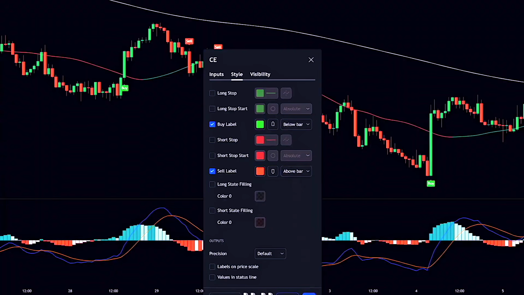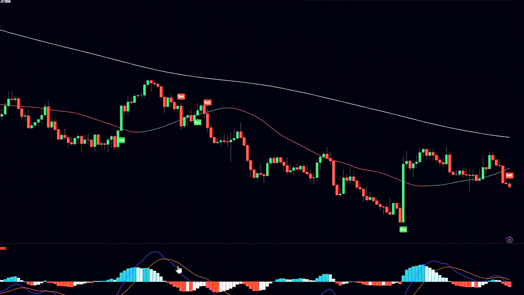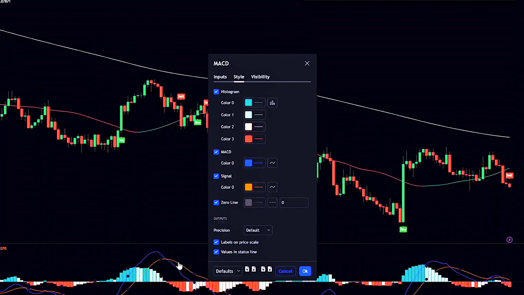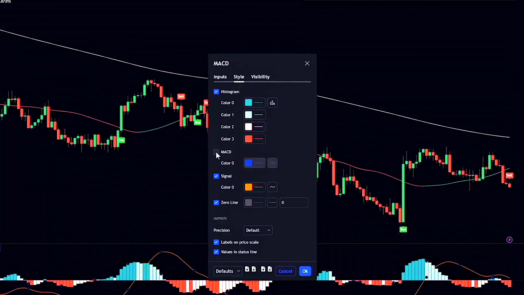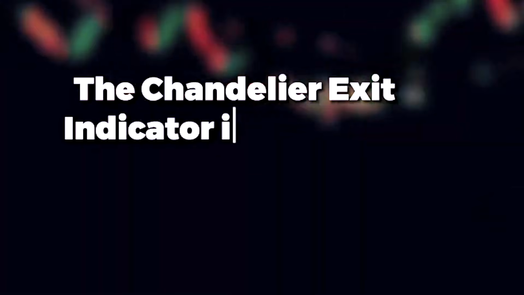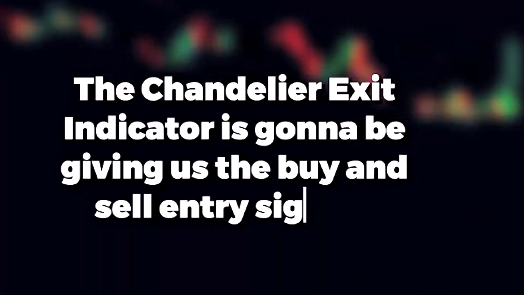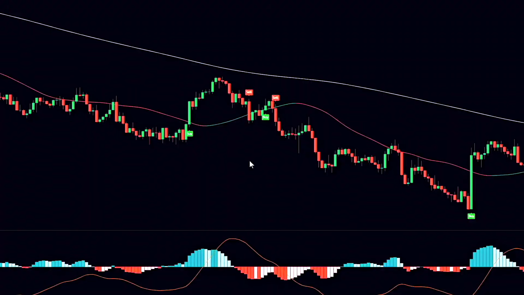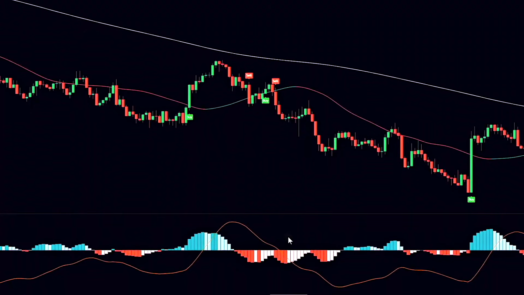Then click OK. For the MACD, deselect the MACD line in the Style tab and hit OK. Chandelier Exit gives buy-sell signals, AI Trend Navigator confirms trends and pullbacks, and MACD ensures momentum.